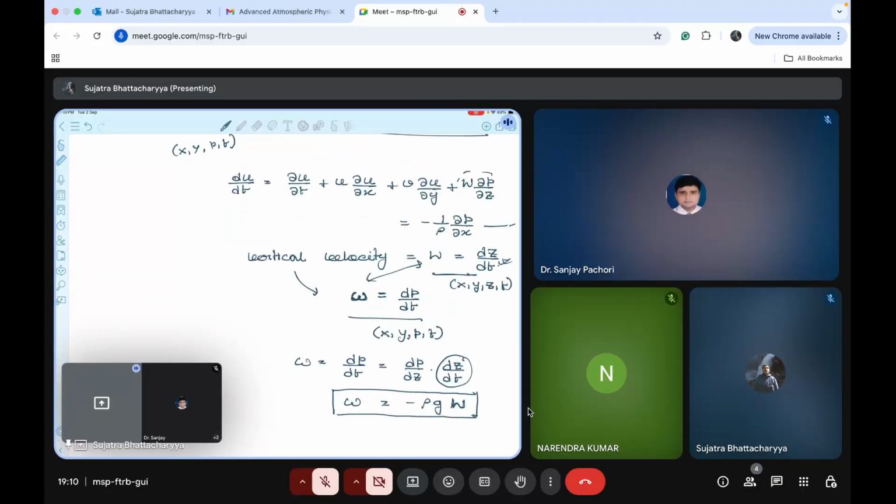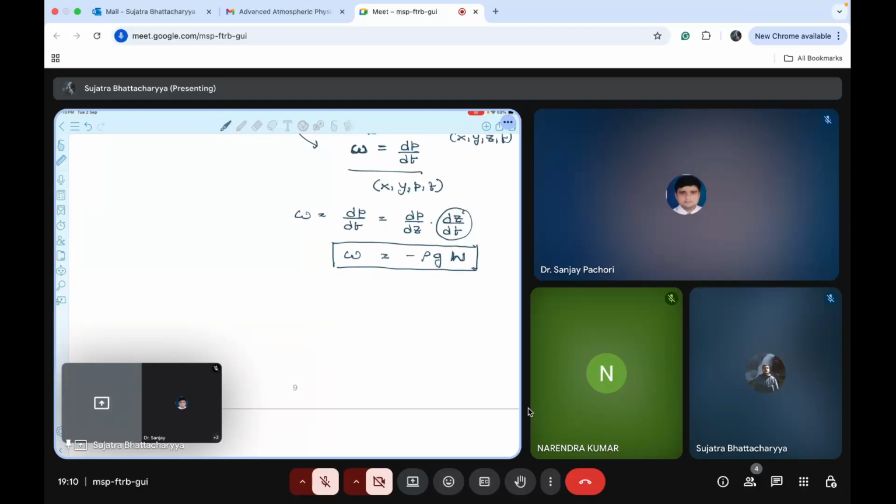Now let us focus on this: w delta u delta z. Okay, this can be written as delta u delta p into delta p delta z. Yes, we can.